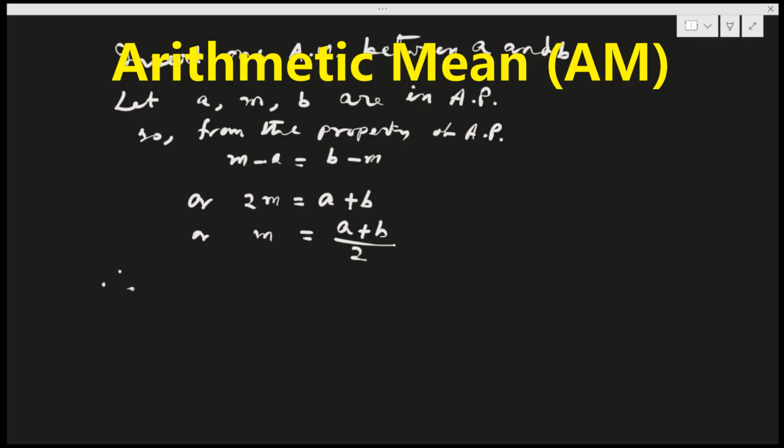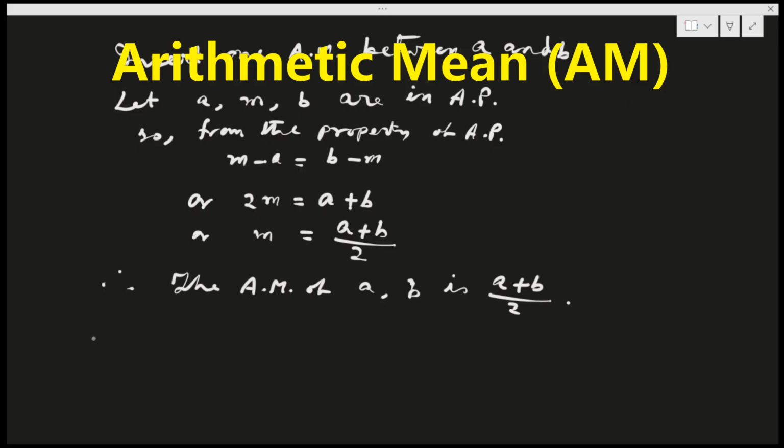Therefore, the arithmetic mean, or M of AP, is A plus B by 2. Now if we consider many numbers, in the first case we considered three numbers which are in AP.